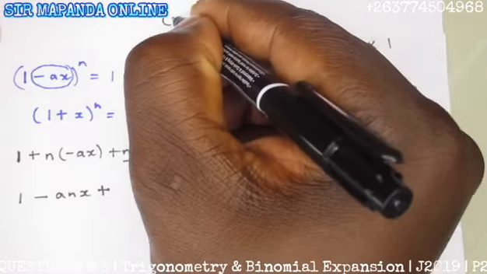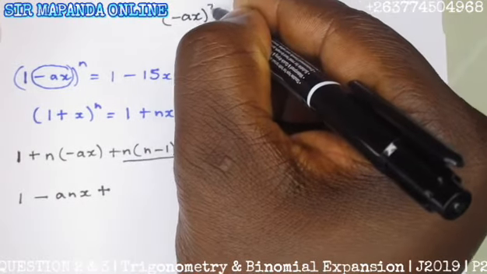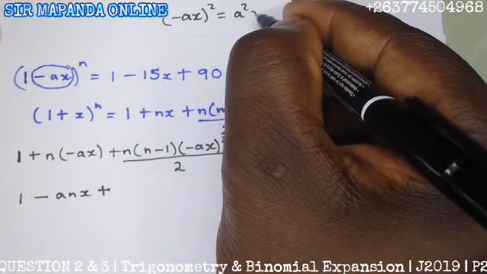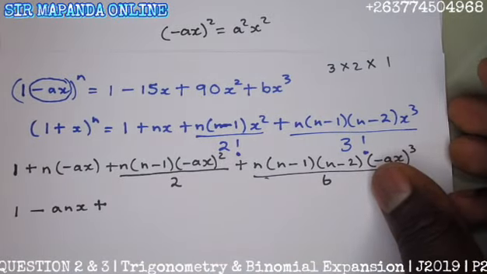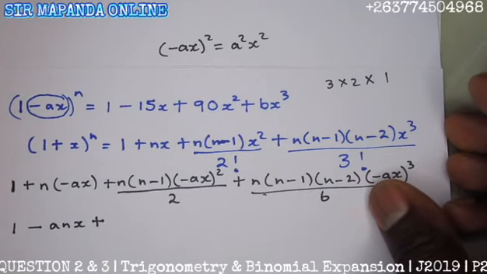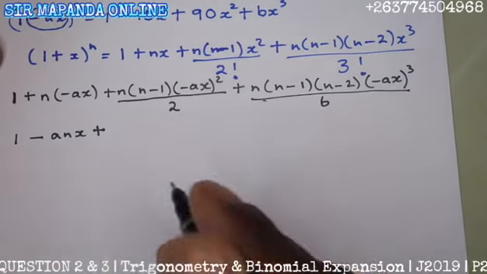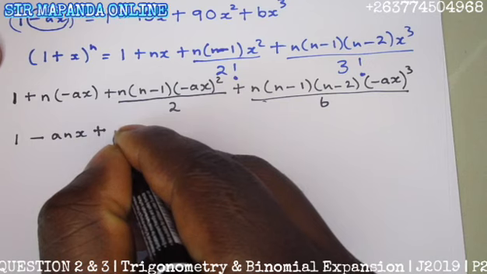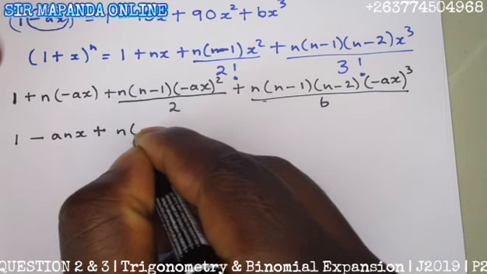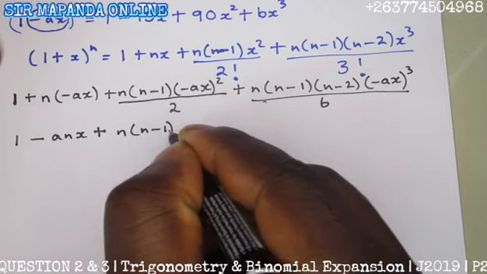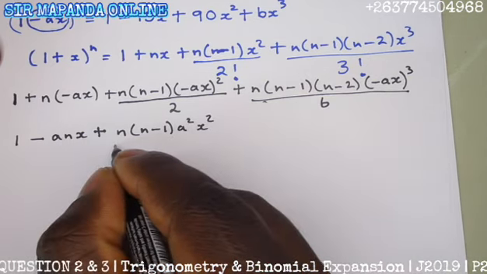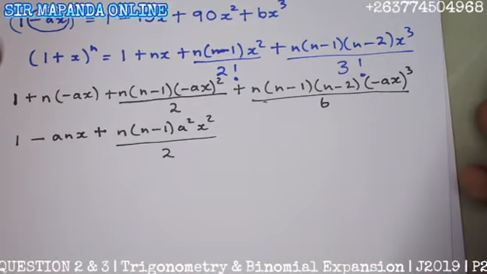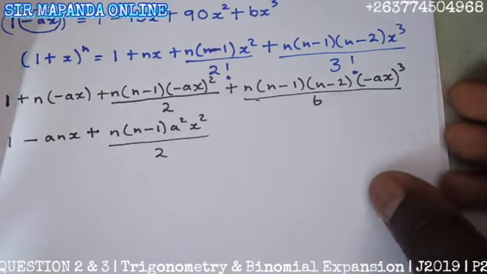So negative ax squared, you get a squared x squared, and the negative sign disappears. I hope you are following, class. So it means I'm going to write n open bracket n minus 1 a squared x squared. Then you divide this with 2. I hope you are following.